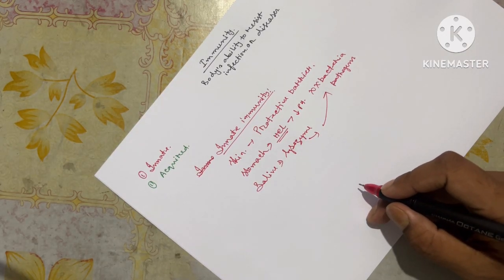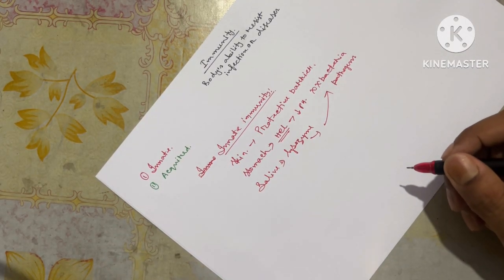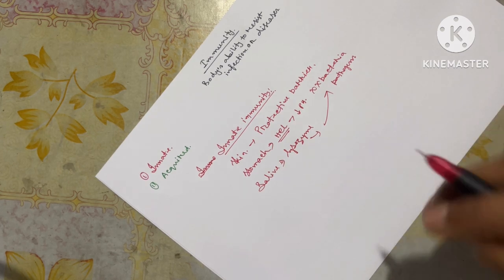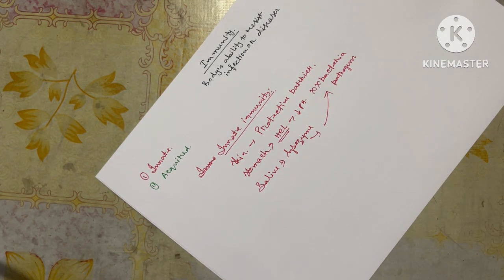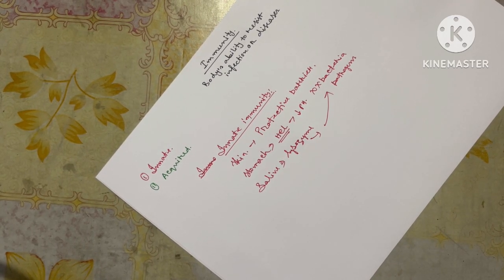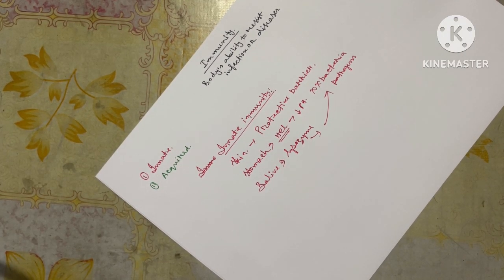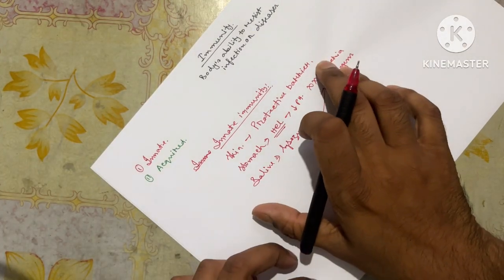So these are some good examples of the components of innate immunity. They are not specific to some kind of virus or bacteria. Understood? They are non-specific. They will try to kill any kind of bacteria, virus, or pathogen.